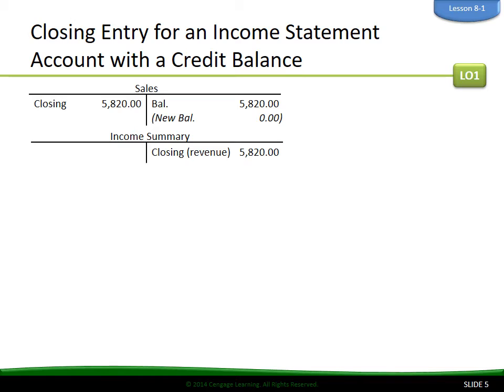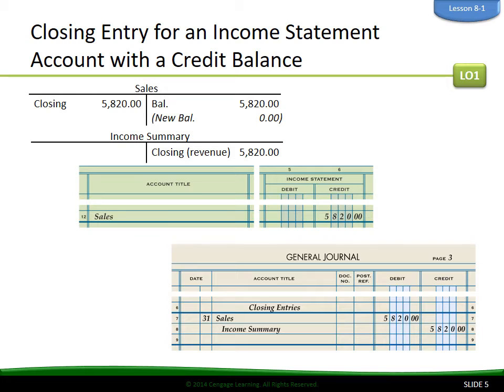And that's what we use the income summary for. It's kind of like a little catch-all account to make these transactions flow into capital. So because we debited sales for $5,820, we are going to credit income summary for $5,820. So the closing entry for income summary, we would credit for $5,820, and that's basically taking that money out of the sales to bring it back to zero.